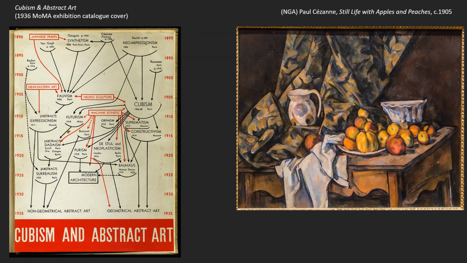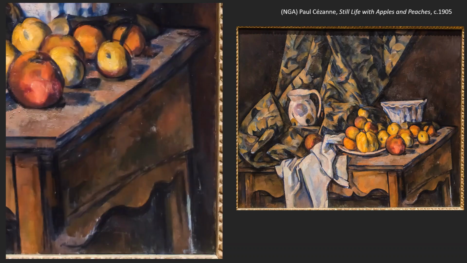The logical end is just compositions with shapes that don't represent anything. Cezanne never really went there, but the guys who did couldn't have done it without his help, right? So Cezanne is really looked toward as one of these figures in the history of art who did important, wonderful things with painting. And I think that's kind of all I have to say about Cezanne.